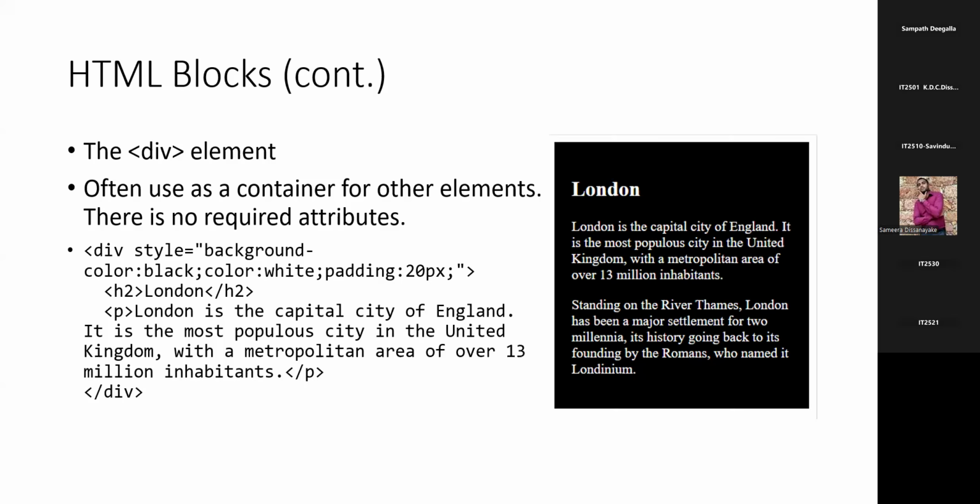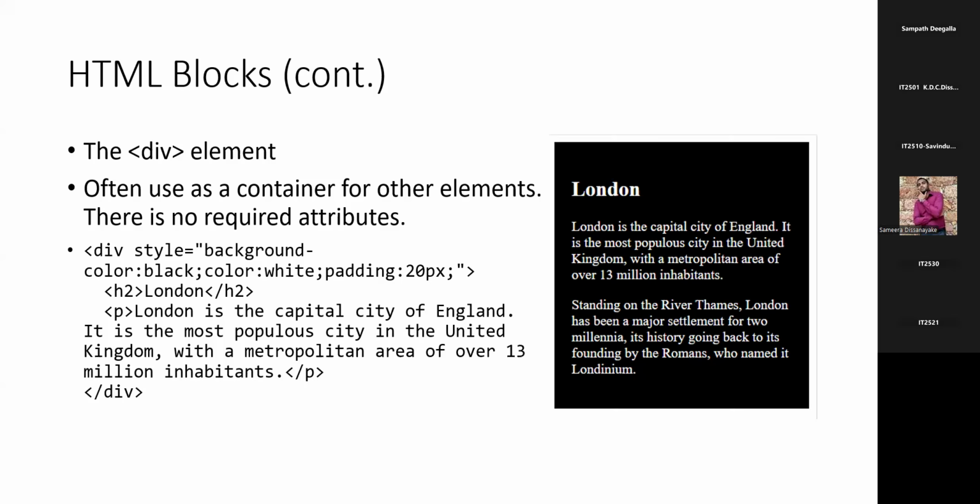In this particular case, what we are trying to do is create an independent container which has simple text with a simple header like London, and a small description of London. These blocks you quite often see in web pages.